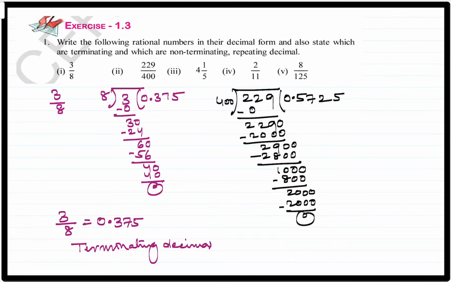So the division terminated, therefore this is a terminating decimal. The decimal expansion of 229 by 400 is 0.5725, a terminating decimal.